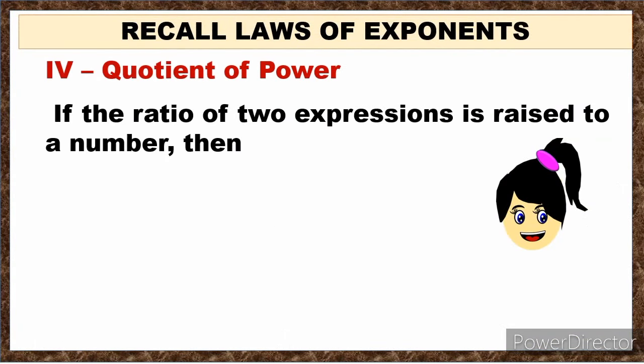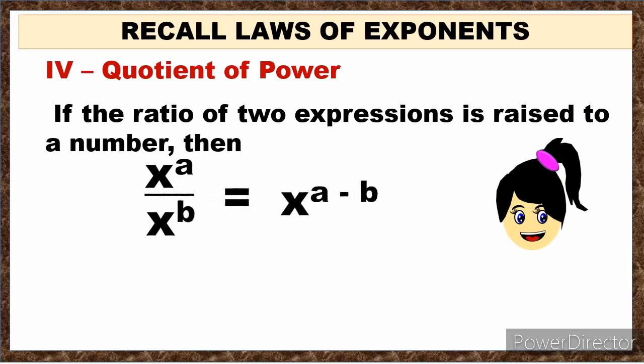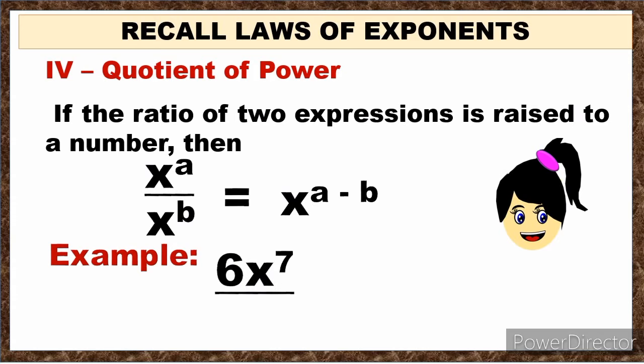Okay, so we multiply their exponents. Okay, so next let's have the fourth law, quotient of powers. If the ratio of two expressions is raised to a number, then x raised to a over x raised to b is equal to x raised to a minus b. Okay, we subtract their exponents. Okay, so let's have an example. We have 6x raised to 7 over 2x cubed.